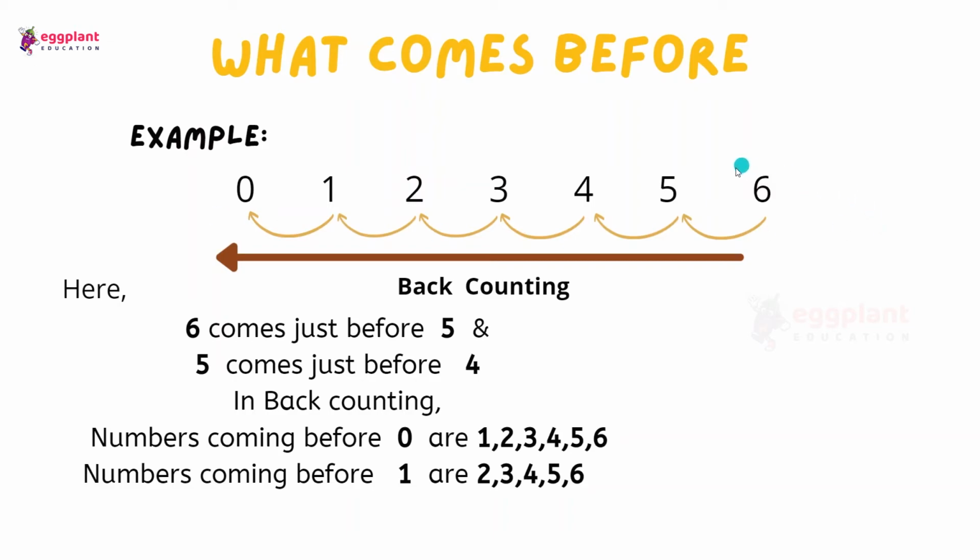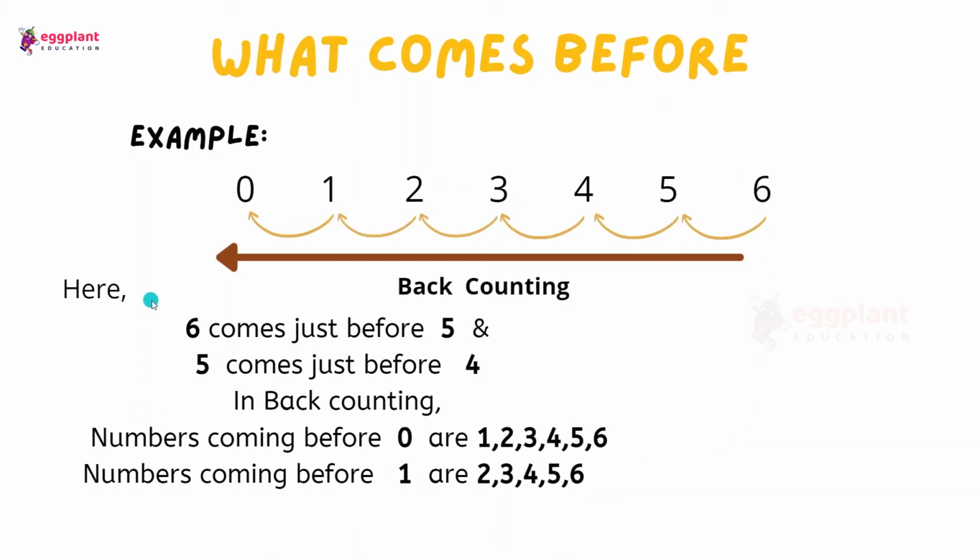Okay, let's take the number 6. This 6 comes just before 5. Yes, it comes just before 5. And this 5 comes just before 4. In backward counting, the numbers coming before 0 are 1, 2, 3, 4, 5, and 6.